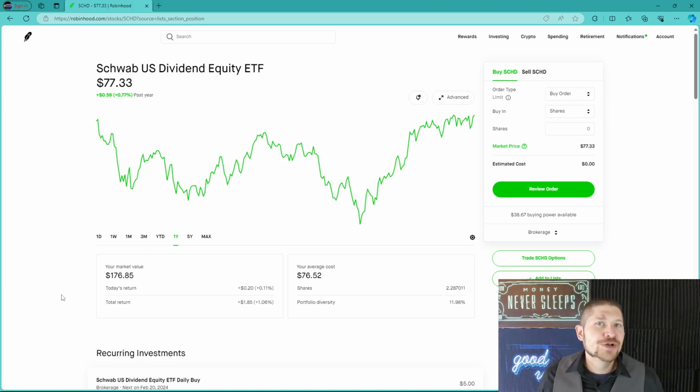Why not just put $176 or $200 in it and just forget about it? Why do the $5 a day reinvestments? Well, it's simple, okay? And this is the main point of the challenge. The main point here is to showcase the effects of averaging down with the market, buying strategically every single day, no matter what is happening.